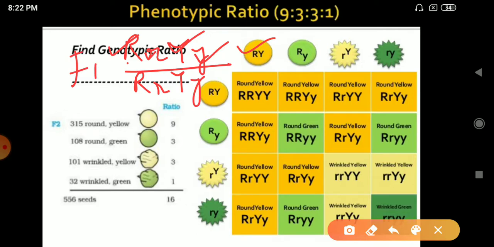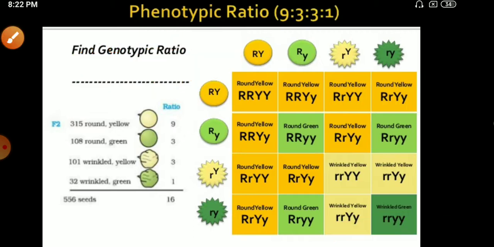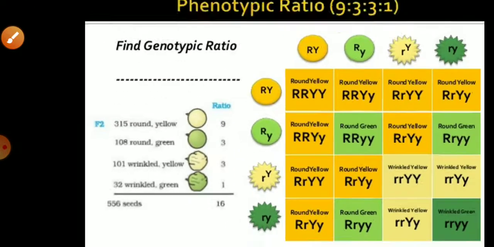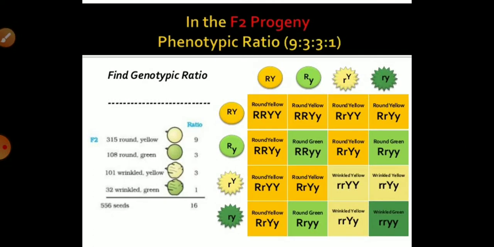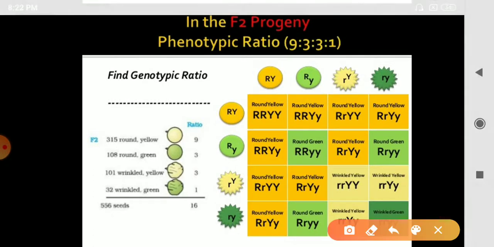The parent having this combination, capital R, small r, capital Y, small y, will be producing four different types of gametes, right? Because you've learned that when gametes are formed, the chromosome number becomes half, and the factors which are present in pairs will get separated at the time of gamete formation.